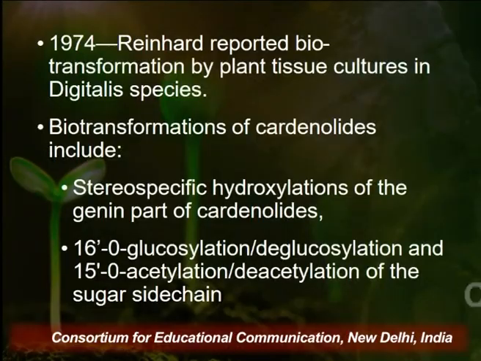There was stereospecific hydroxylation in the genin or aglycone part of the cardenolide, whereas there were glucosylation and deglucosylation, and also acetylation and deacetylation of the sugar part of those cardenolides.